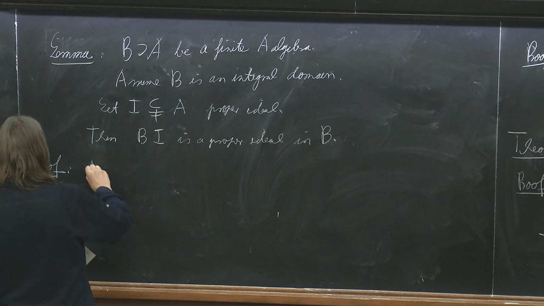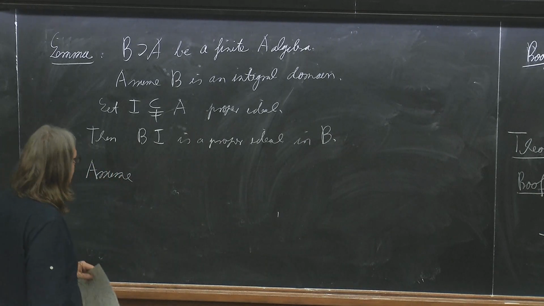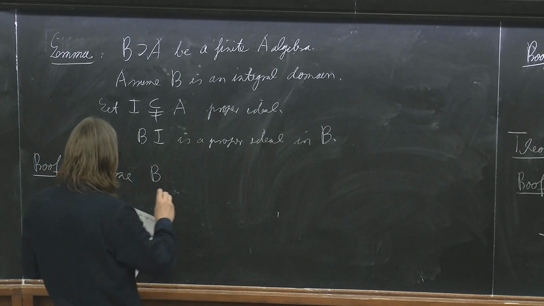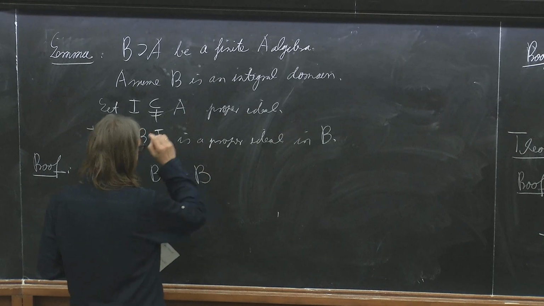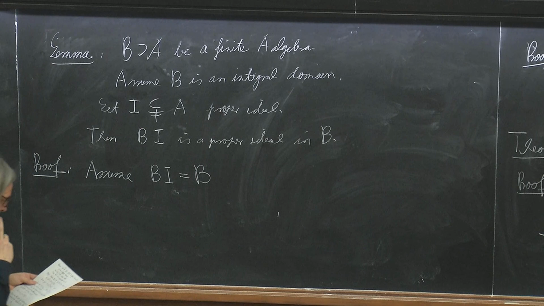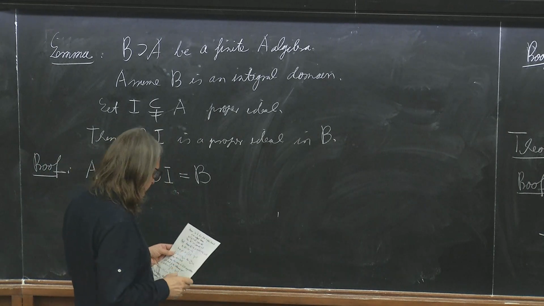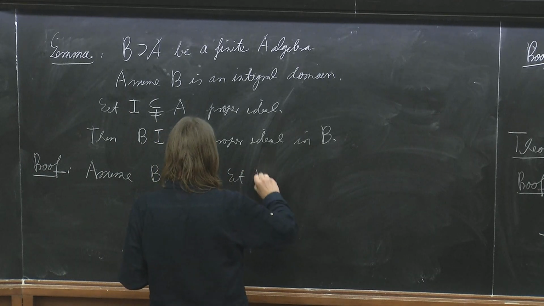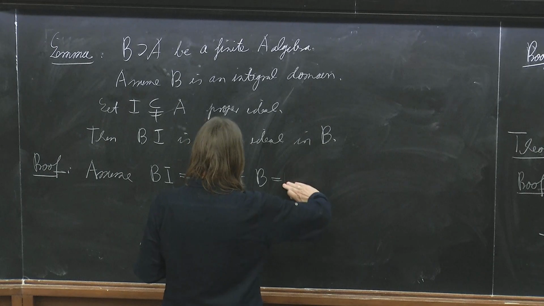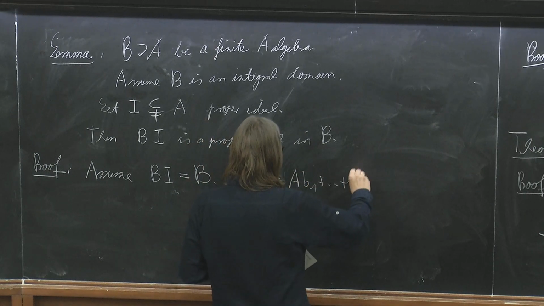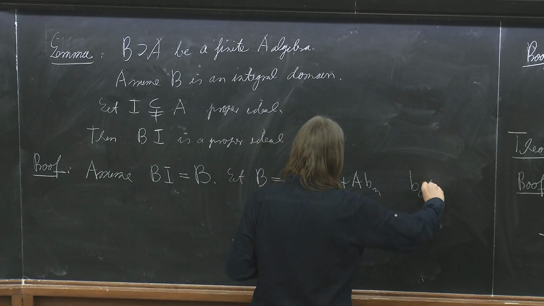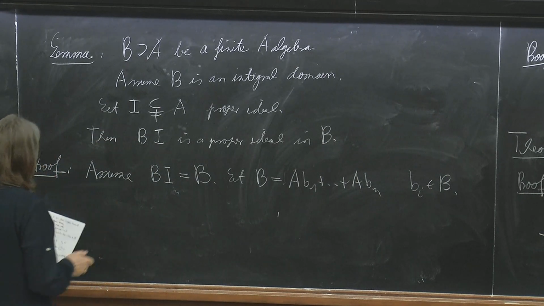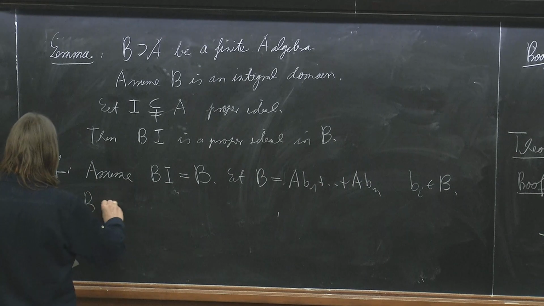We assume by contraposition that BI is indeed equal to B, and then we have to show that I is equal to A. So B is finite over A, so we can write B equal to AB1 plus ... plus ABN for some elements bi in B. And so therefore, B is equal to BI.